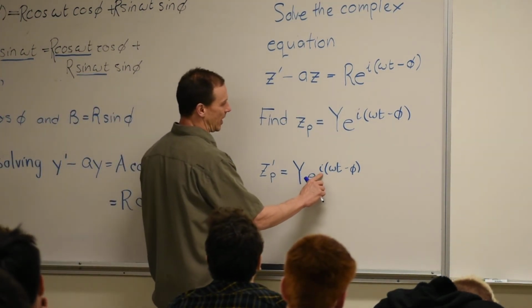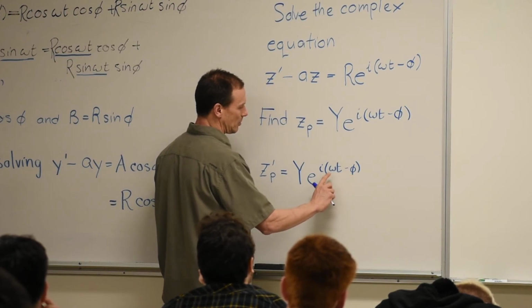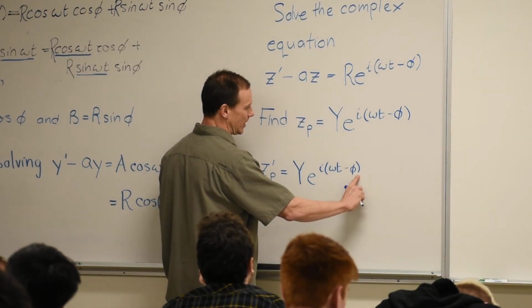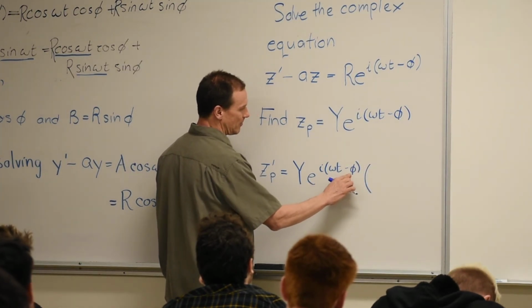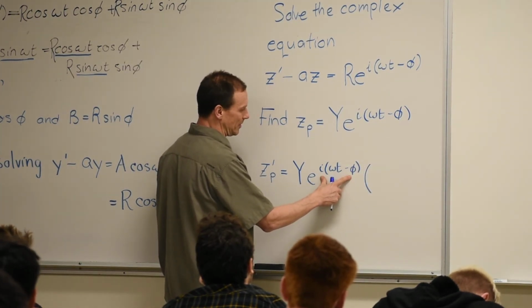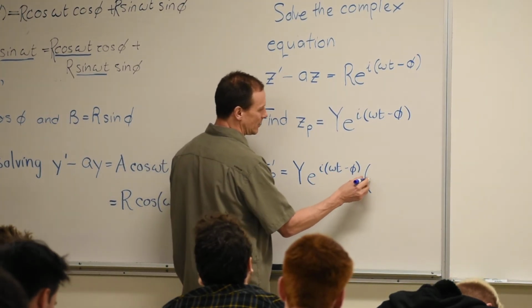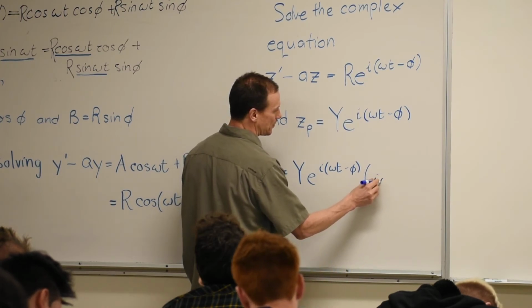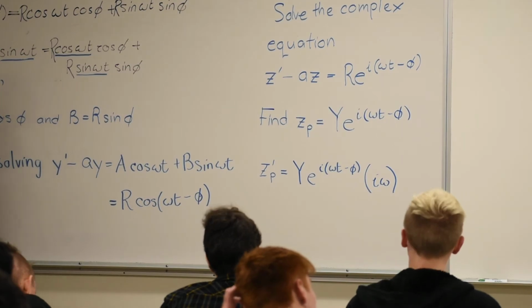Notice this is i omega t minus i phi. When we take the derivative of the exponent and apply the chain rule, i phi is just a constant, so that's going to be 0. And the derivative of i omega t is going to give us an i omega. Derivatives work in complex numbers just like you would expect.